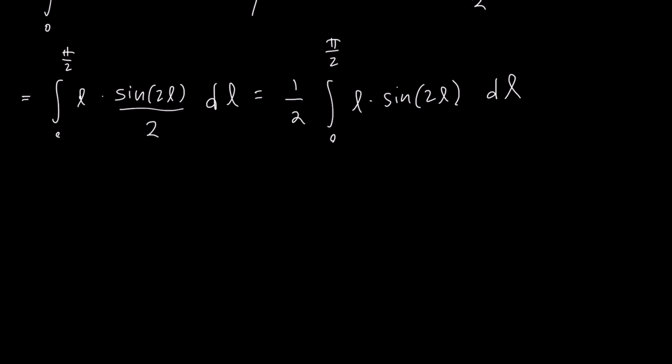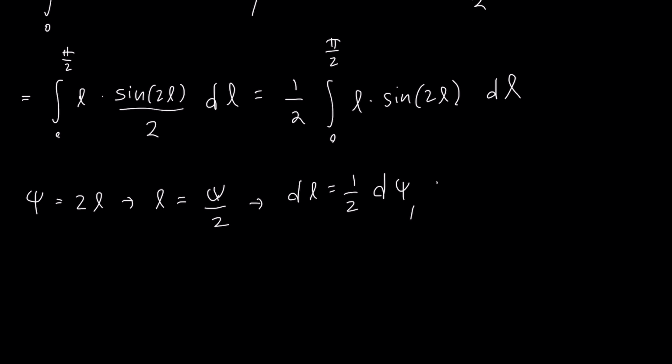So I'll let psi equal 2L, which means that L equals psi over 2, which means that dL is 1/2 d psi, and that the bounds psi sub 1 will be 0 and psi sub 2 will be pi. So psi is from the closed interval from 0 to pi.